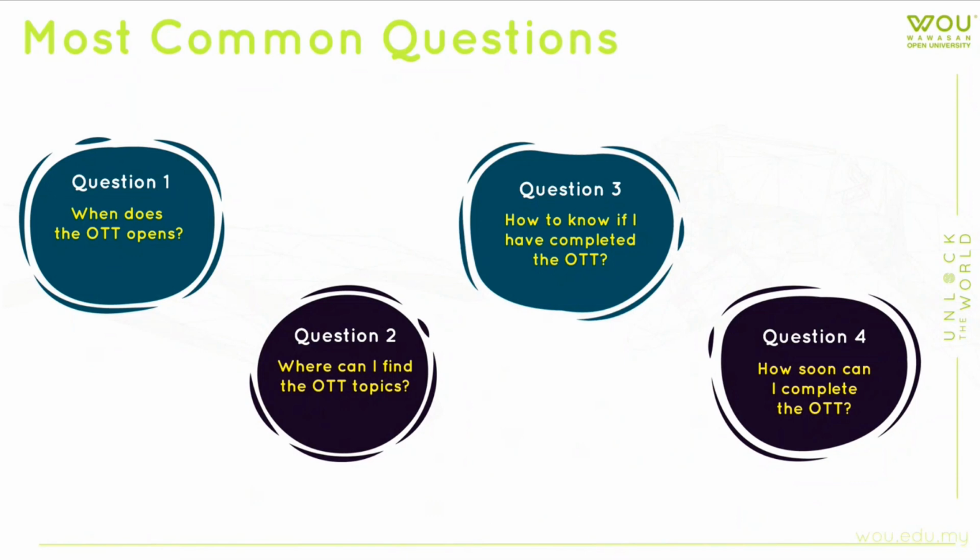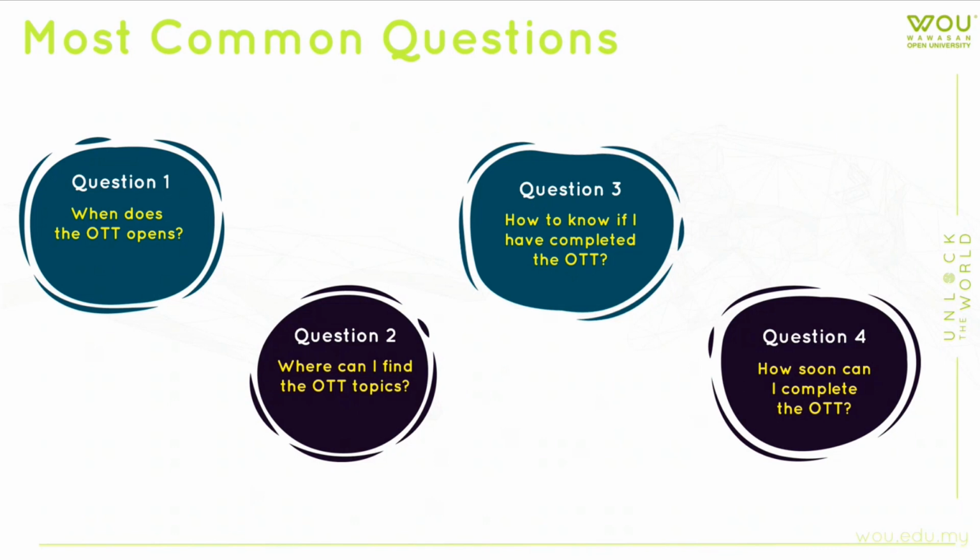Okay, so these are the four top commonly asked questions to us, the team. We either receive them on the ticket, emails, or even sometimes face to face when people ask us, like the CL asks us. Number one is, when does the OTT open?